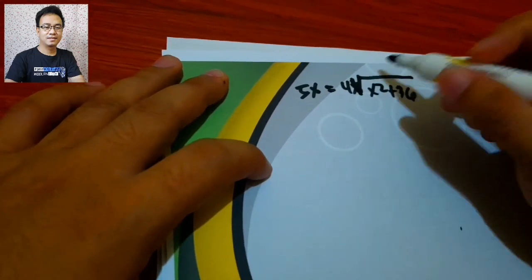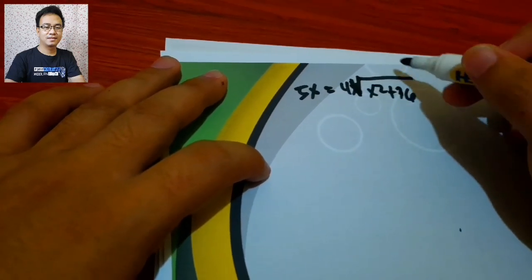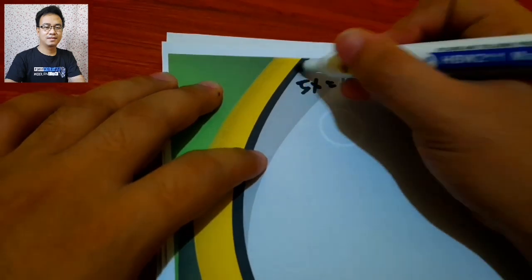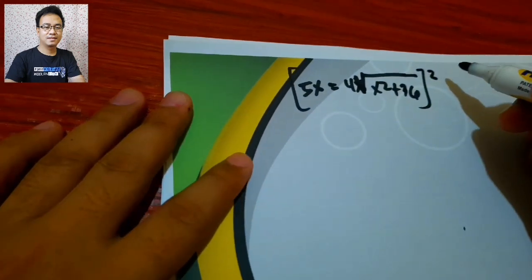What do we do? We have a square root, so we need to remove the root by squaring both sides of the equation.